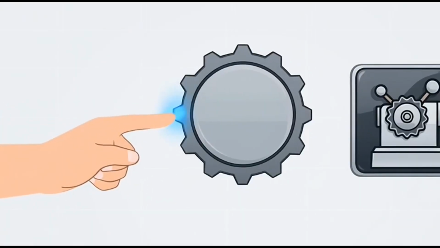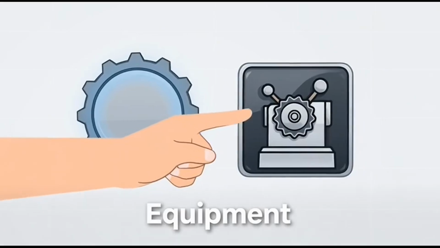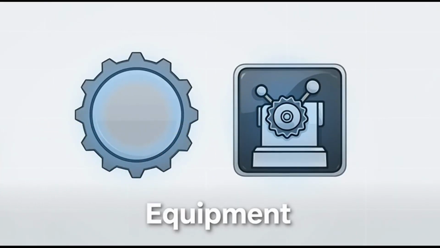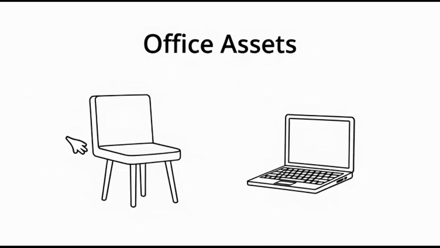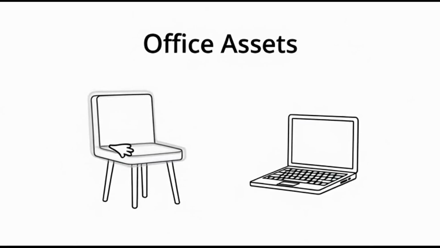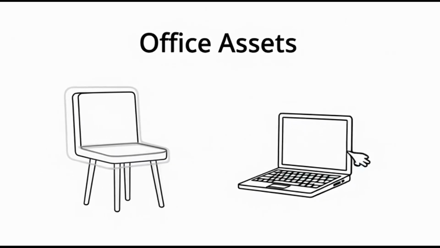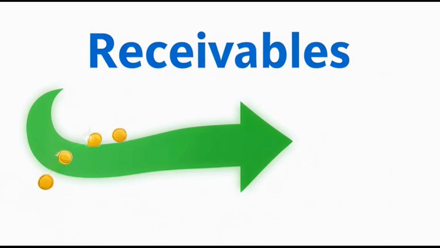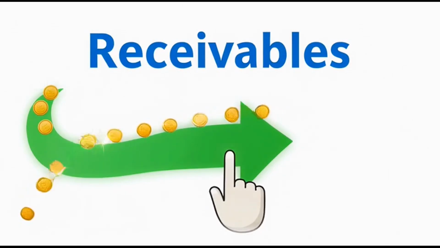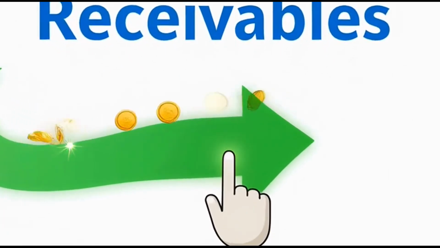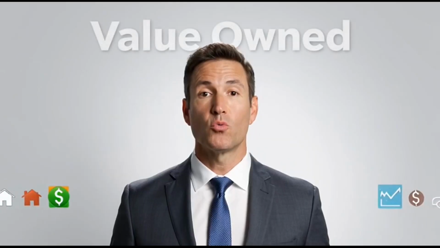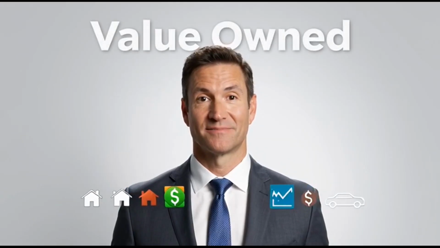Machinery and equipment are also assets. Furniture and laptops are part of business assets. Money to be received from others is also an asset. So anything owned with value is an asset.